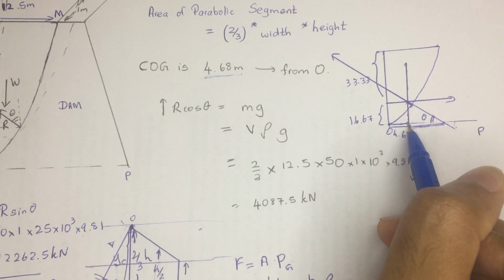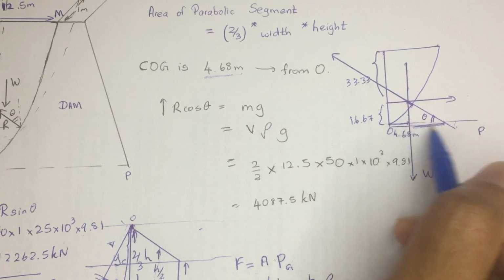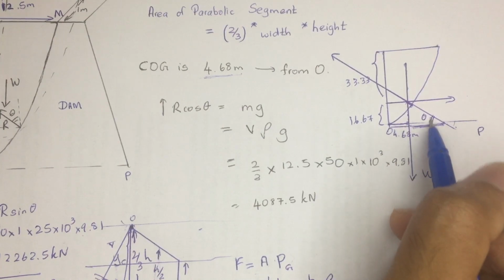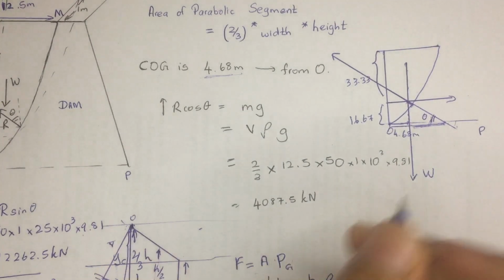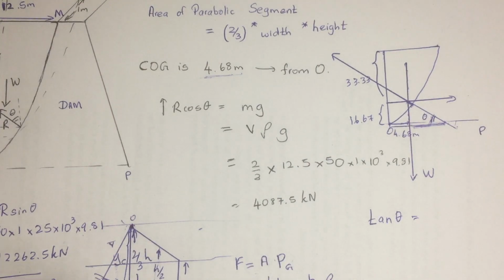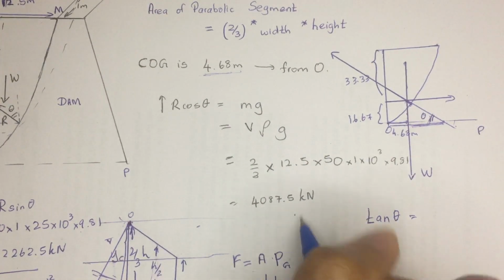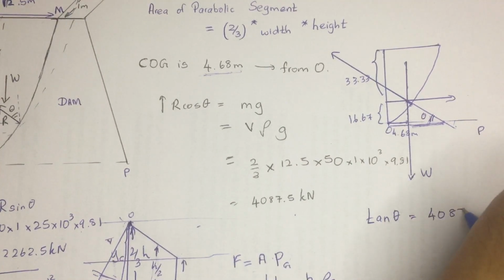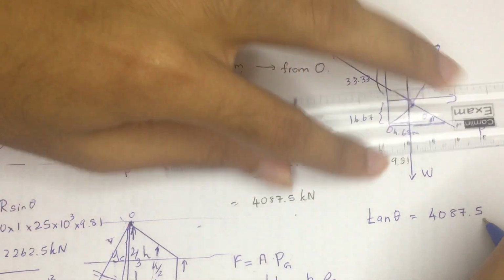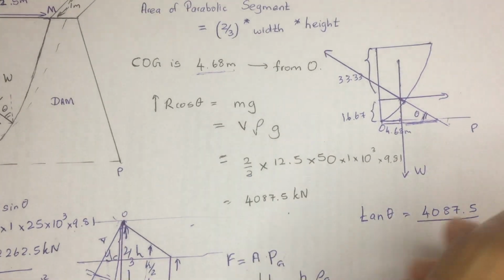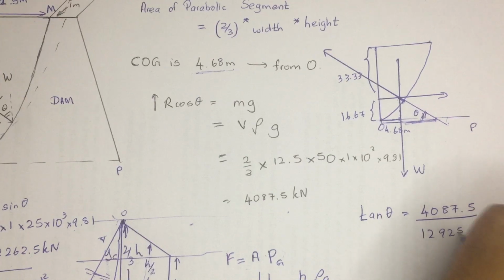Using the trigonometric functions, we can tell it's going to be 16.67 divided by tan theta. So we need to figure out what tan theta is right now. We knew that tan theta would be equal to the vertical component over the horizontal component. So it's going to be equal to the vertical component 4087.5 divided by its horizontal component. If you draw a triangle, you can easily figure it out. It's going to be 12,925.8.